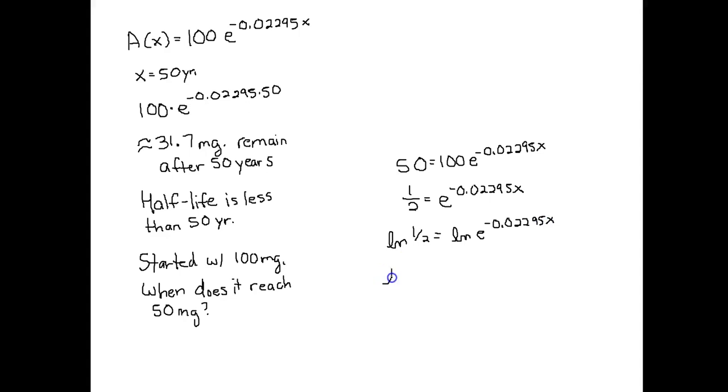So we have the natural log of 1/2 equals negative 0.02295x. Okay, so I'm going to put this in my calculator. I'm going to take the natural log of 1/2, and I'm going to divide by negative 0.02295.